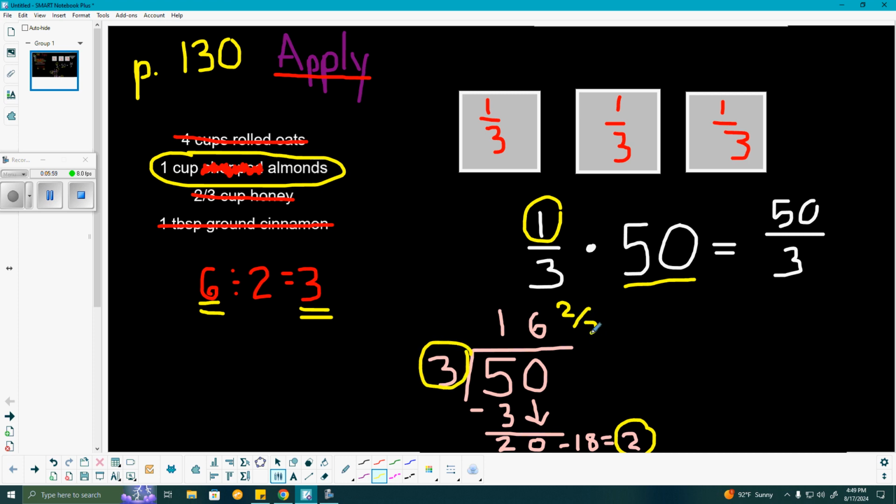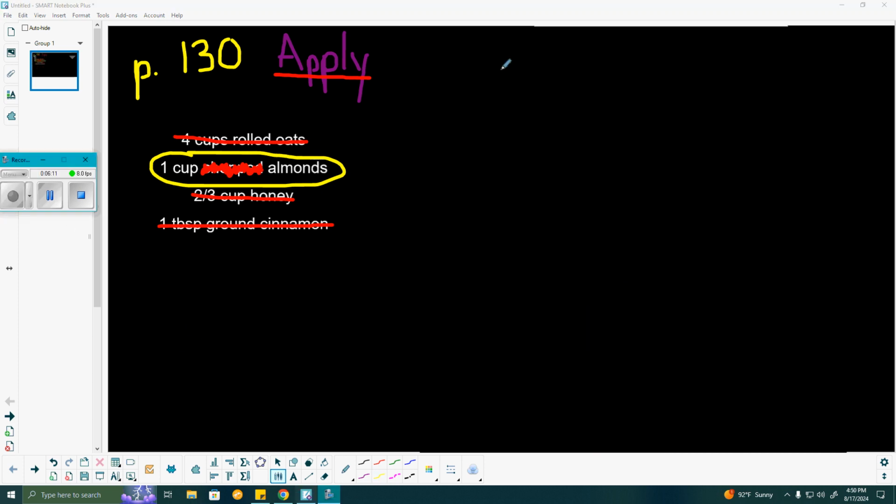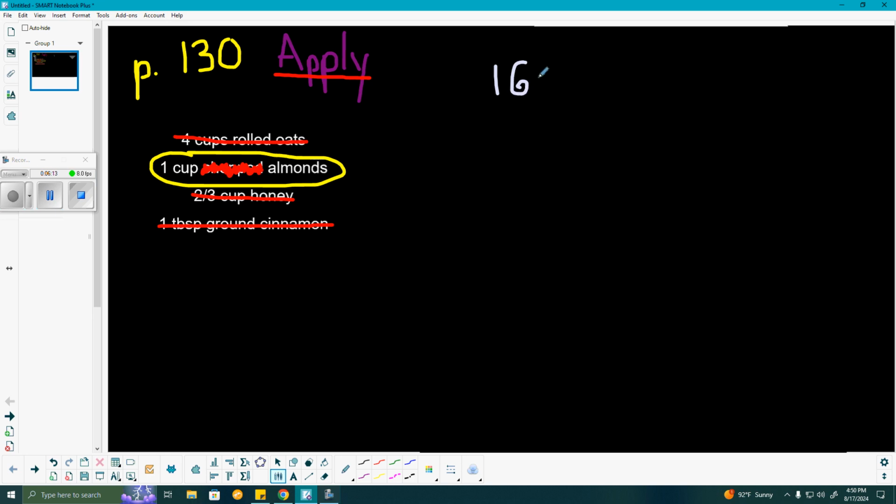Your divisor will become the denominator. So you will have 16 2/3 is how many cups of almonds that you are needing for this recipe. 16 2/3 is how many cups we need.